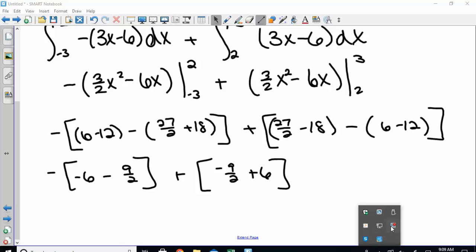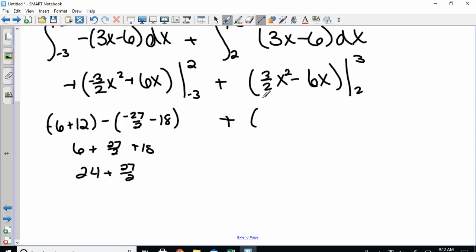Mess up on the calculations on 1. We'd have 27 over 2 minus 18 minus 12.